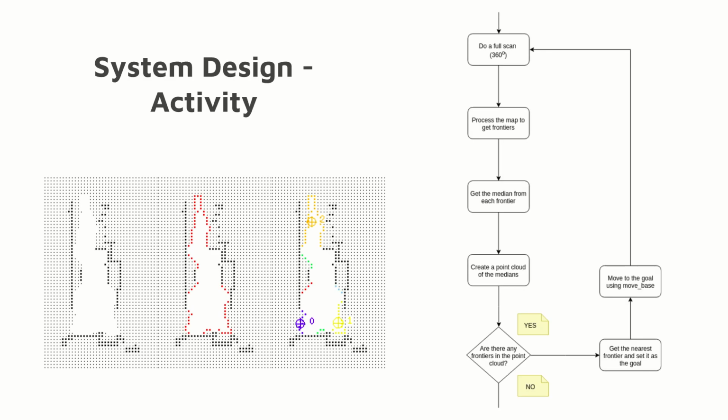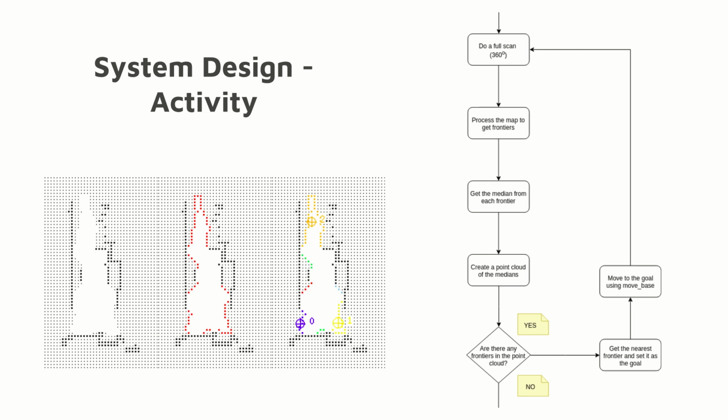Coming to this project, the way I've designed the activity flow is that initially the Turtlebot does a full 360-degree scan, and it gets a basic idea of what's happening around it in the environment.